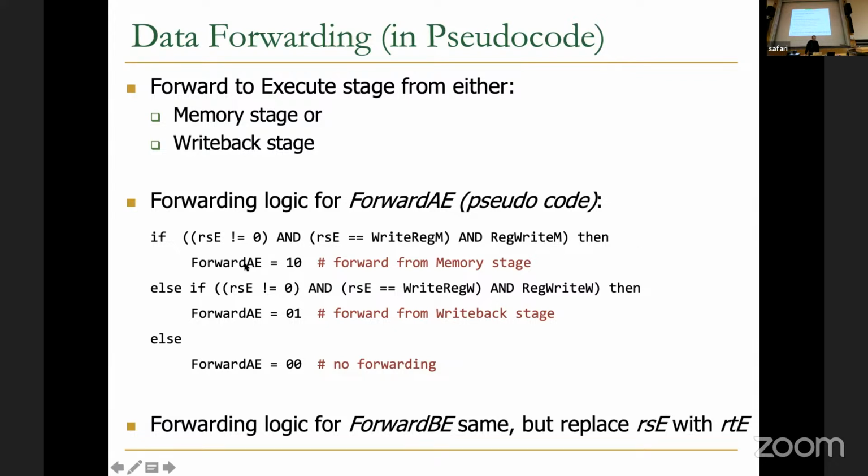In this way, you forward from the memory stage. We check this one first because it has the highest priority. Else if, otherwise, it is essentially the same thing, but you are checking for the write back stage, and you forward from the write back stage. Otherwise, no forwarding. This is how we implement data forwarding.